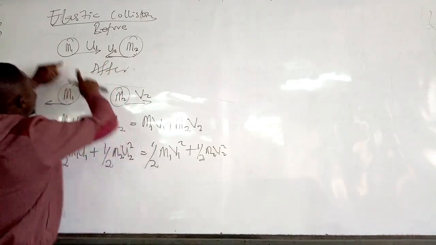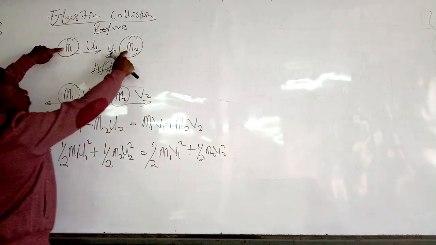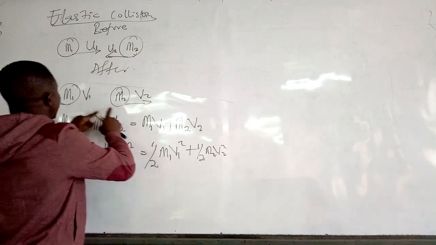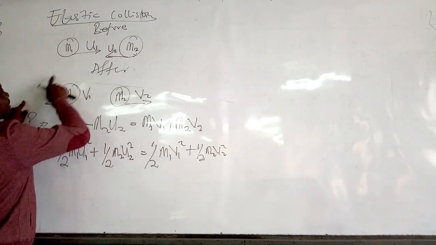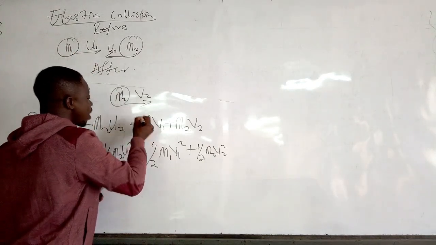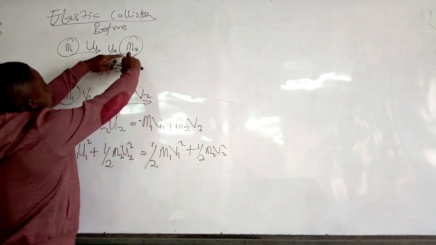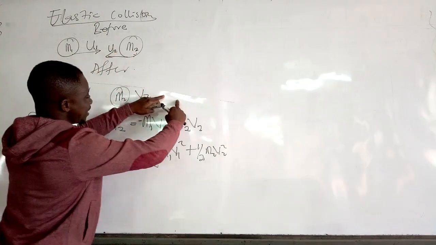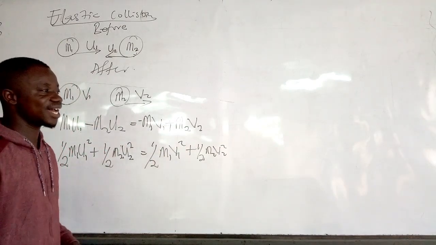Please listen to this. When M1 is moving in this direction, its momentum is positive. When M2 is moving in the opposite direction, its momentum is negative. Now they collide and M1 changes direction and moves in the opposite direction of itself, so its momentum will have to be negative like this. And the momentum of this one initially was negative, so now when it is like this, it will have to be positive. I hope you get the principle.